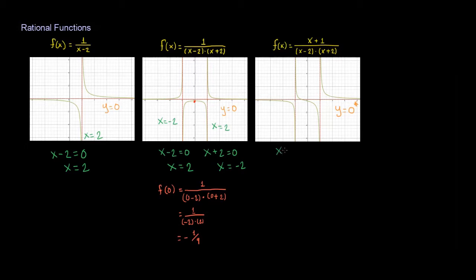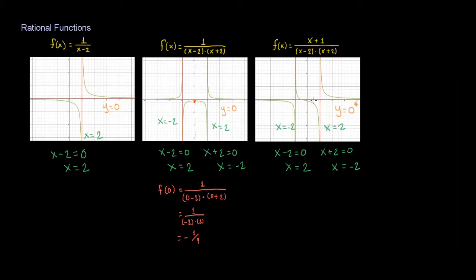We equalize to 0 each of the factors, the x minus 2 factor, the first one, and then the second one, and we got that x equal to 2 and x equal to negative 2. That's how we got these two vertical asymptotes. I'm going to write it in here, this x equal to negative 2, and here we got x equal to 2.